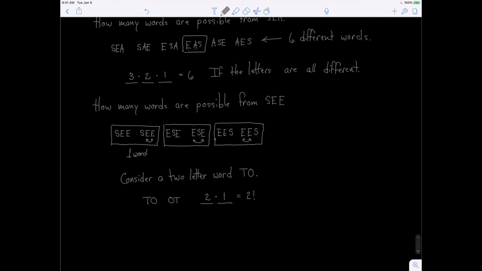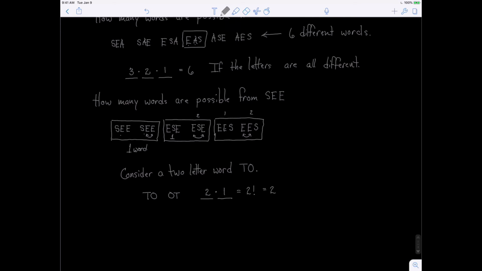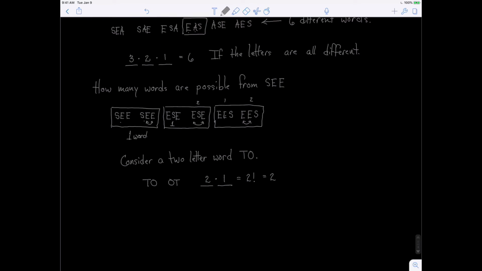So wait a minute. Notice that when you have a duplicate, it makes a 2 factorial, which is also 2. It makes 2 copies. So here's the first one, and here's the second copy. In other words, we just need to divide out those extra copies. So if all the letters were different, like in S-E-E, we'd say, well, there's 3 factorial different words.